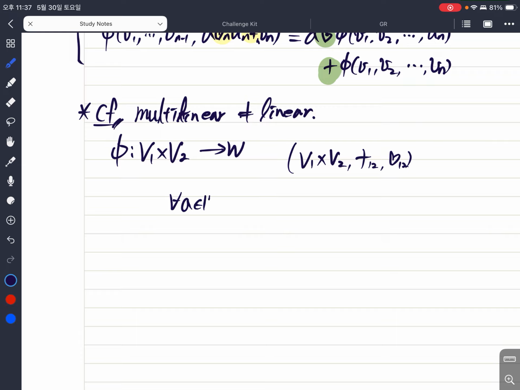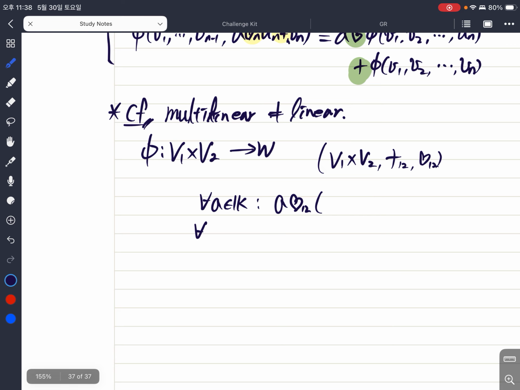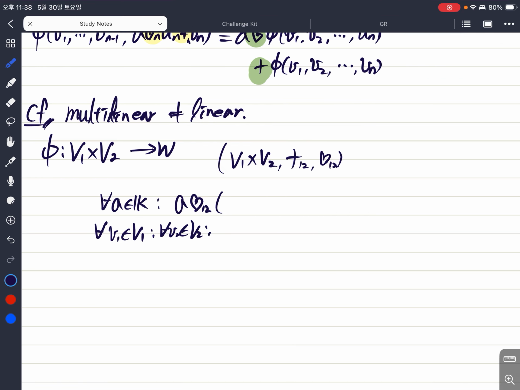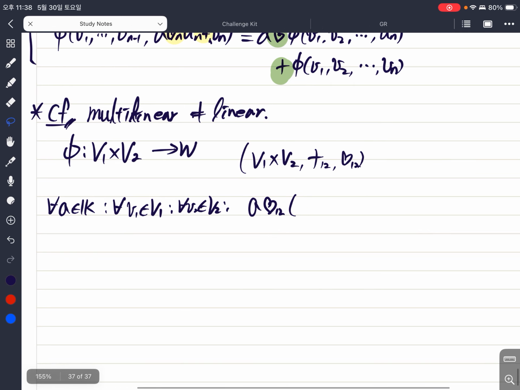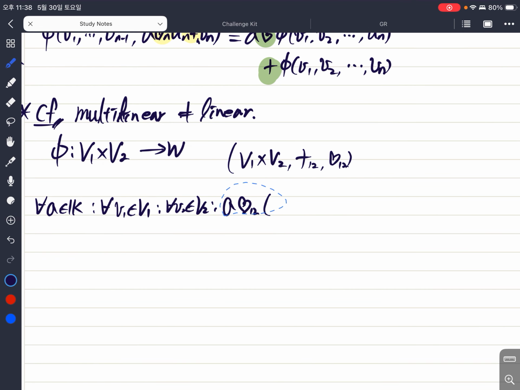For a in K, a heart 1, 2 applied to some vectors v1 in V1 and v2 in V2, because this guy is in V1 times V2, and it is defined in each slot: a heart 1 v1 comma a heart 2 v2.